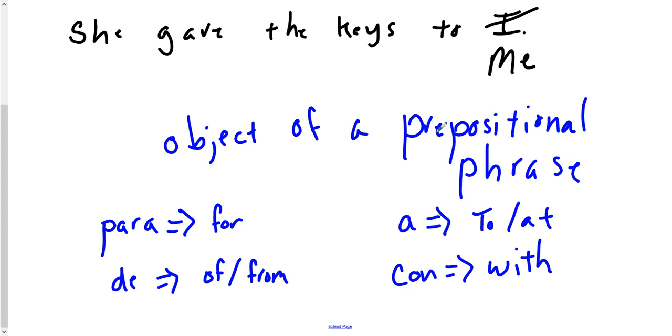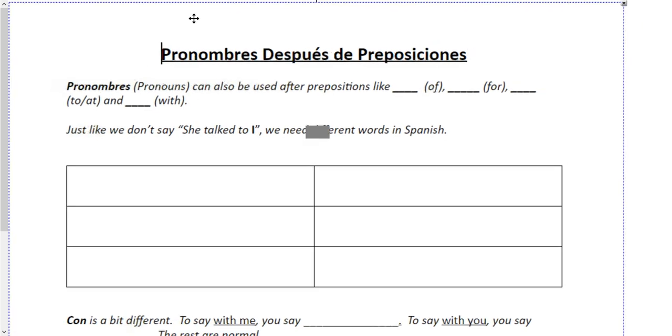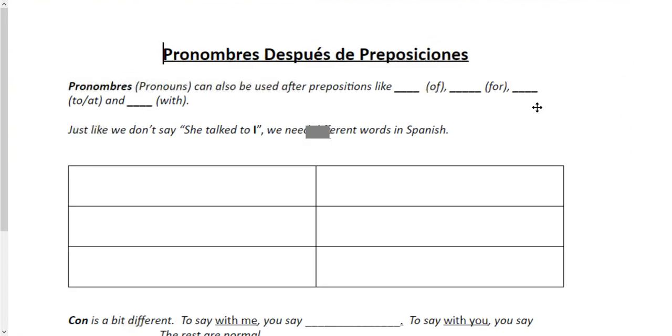Obviously, these object pronouns can go with any preposition, but if you know these 4, you can figure out most of the other ones. So let's go to your actual grammar book, and we are on página 9 de tu libro de gramática, which I already pointed out on the slide. Okay?